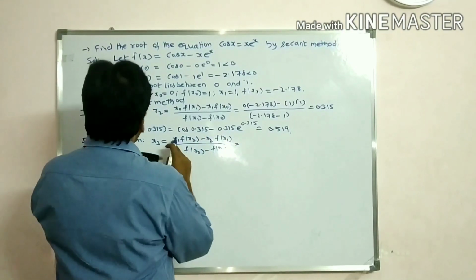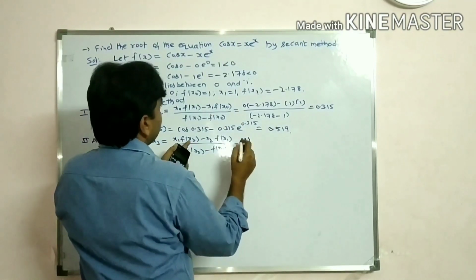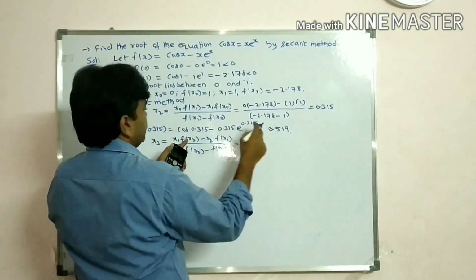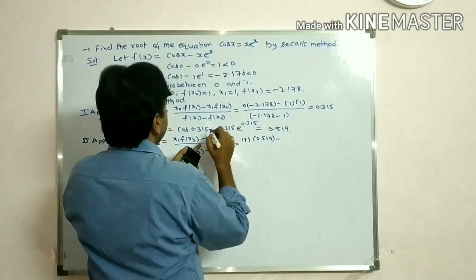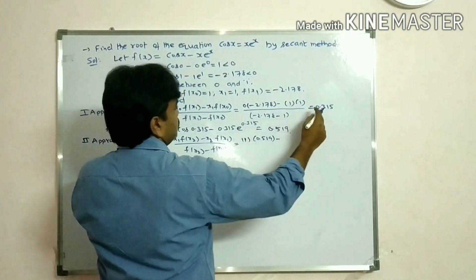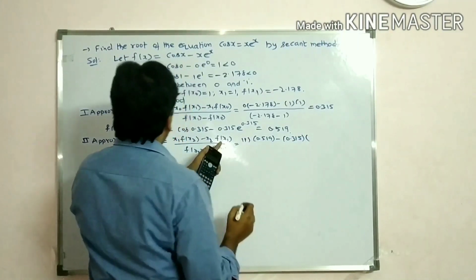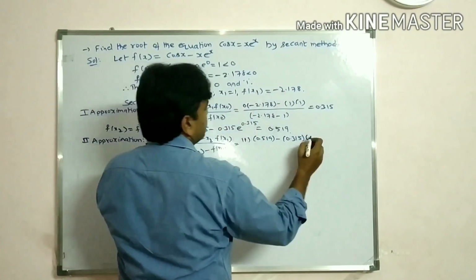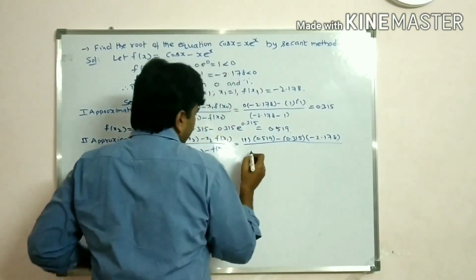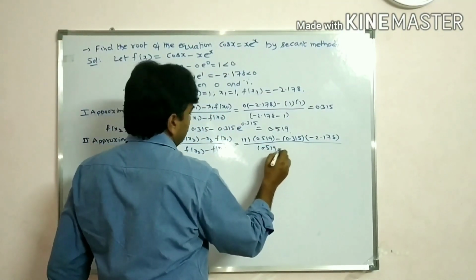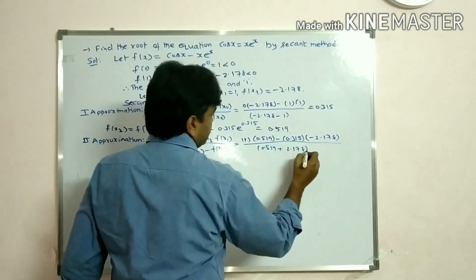So that is equal to, what is x1, students? x1 value is 1. f(x2), this is f(x2), 0.519 minus x2, this is x2, students, 0.315, f(x1), so minus 2.178, divided by the denominator, we can write easily 0.519 minus minus and minus plus 2.178.